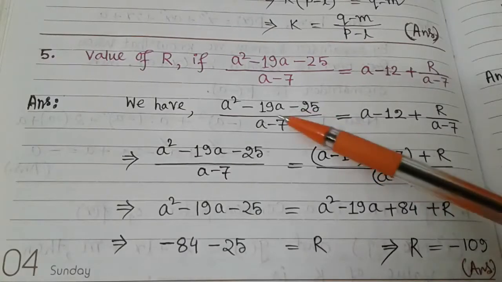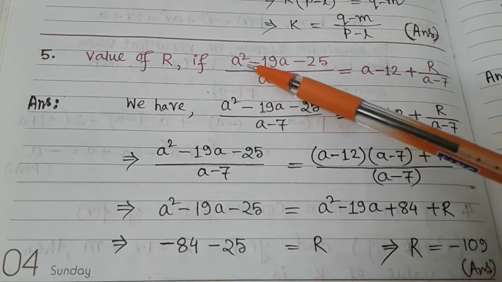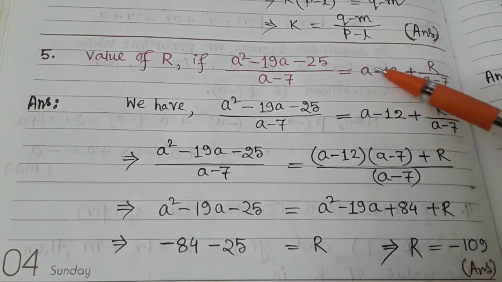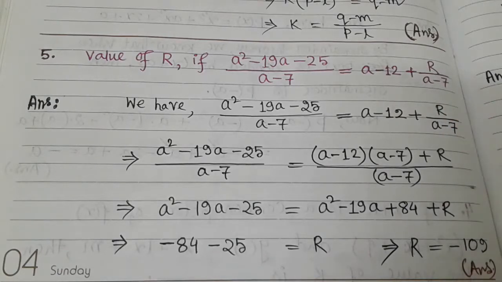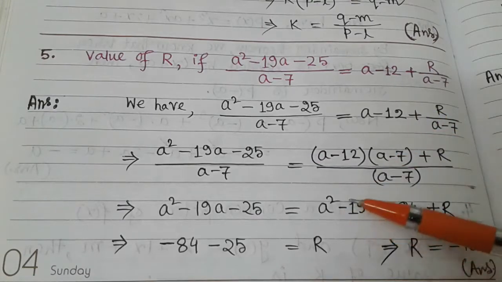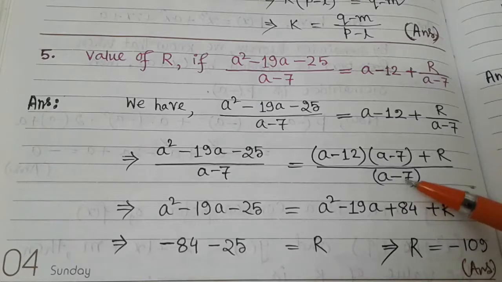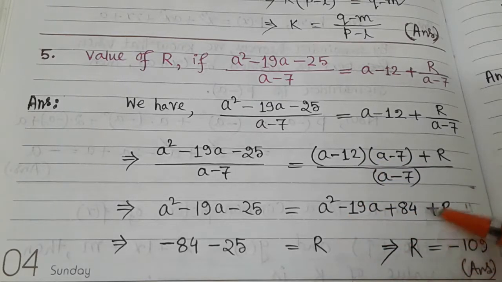Here in this problem, find the value of r if (a square minus 19a minus 25) divided by (a minus 7) is equal to (a minus 12) plus r by (a minus 7). So at first write the equation and now take the LCM and multiply, we will get a square minus 19a plus 84 plus r.